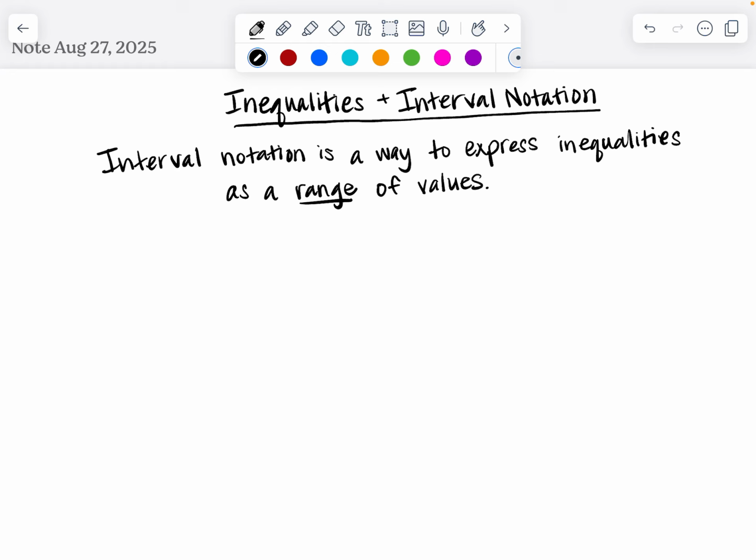Inequalities are expressed in interval notation sometimes, and it's just showing you a range of values.